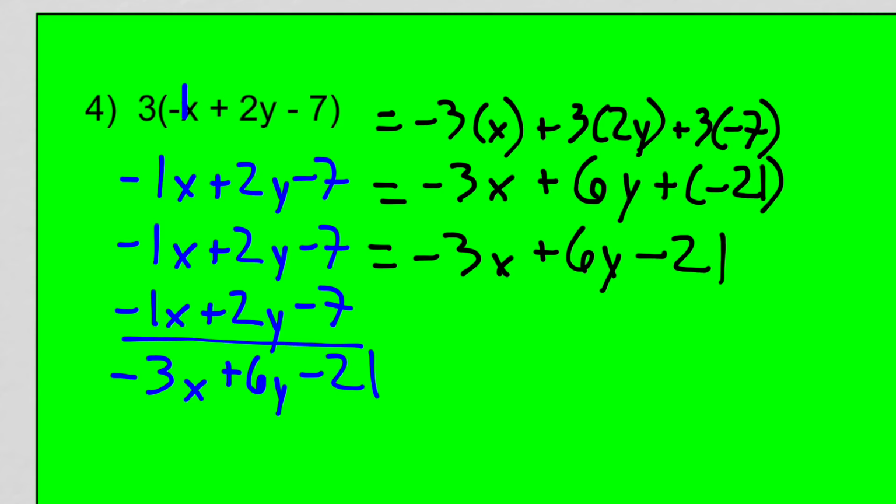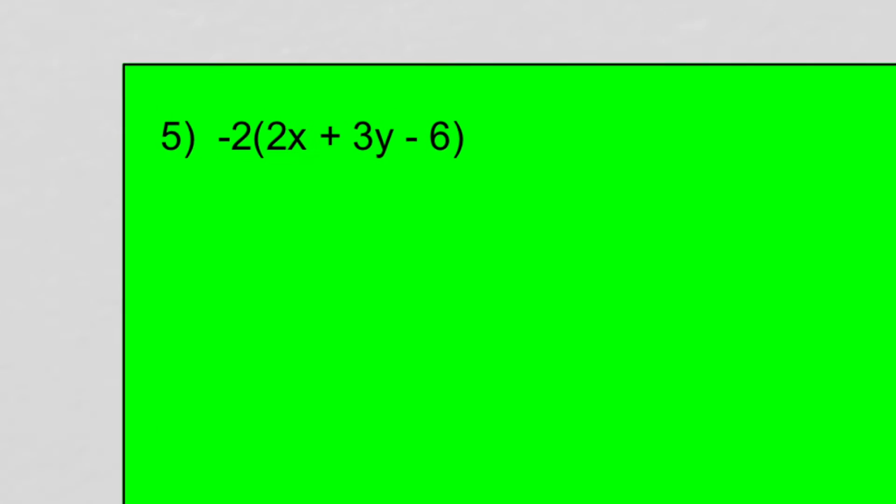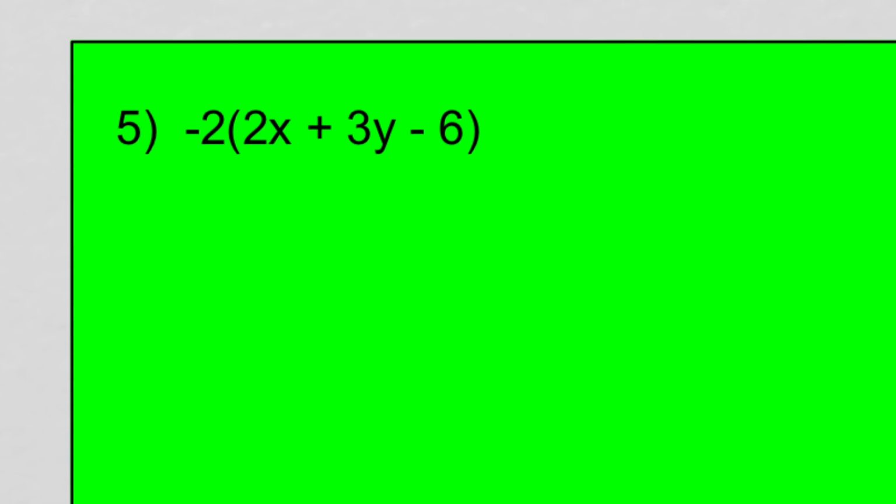Let's look at one last question. Negative 2 multiplied by 2x plus 3y minus 6. So once again, this negative sign means we're going to apply that negative to each term in the parentheses. So it's going to be 2 groups of what's in the parentheses, but the opposite of each term. So this is going to be negative 2x.